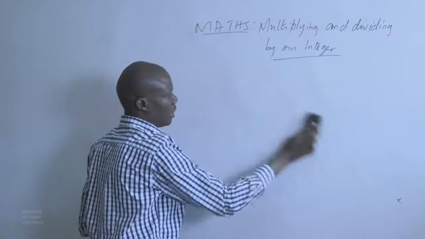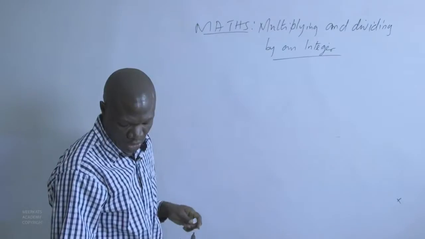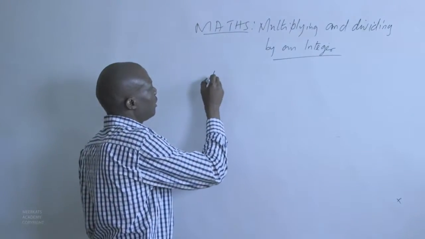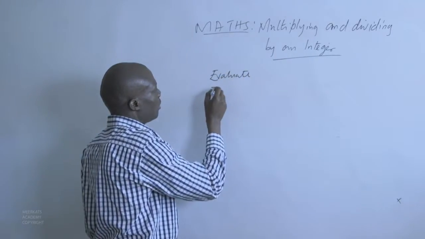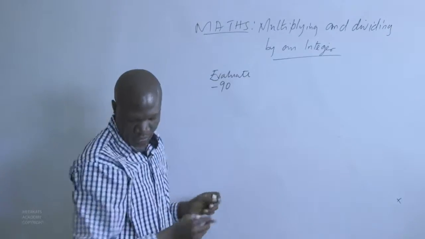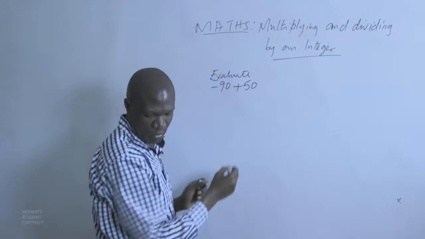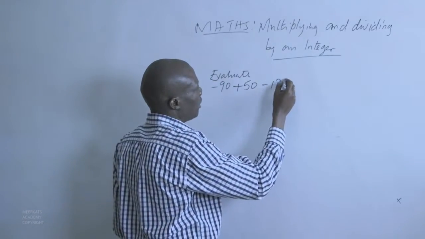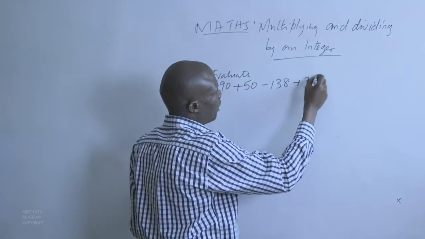So looking at this question, evaluate negative 90 plus 50 minus 138 plus 35.